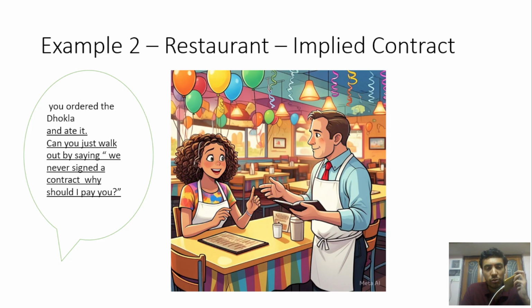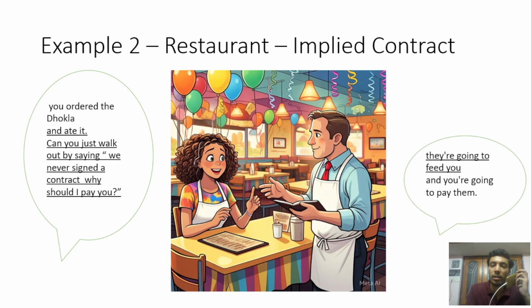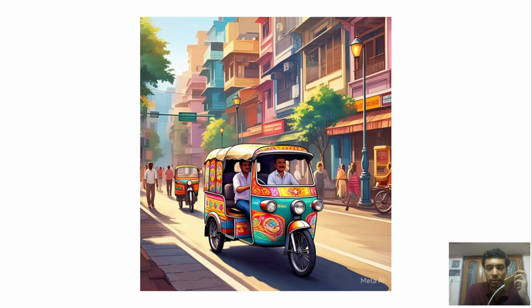Can you just walk out by saying that we never signed a contract, so why should I pay? You cannot do that, because the moment you order the food and eat it, there is an implied contract that they are going to feed you and you are going to pay them in consideration. This is the type of implied contract that we enter into in our daily lives.